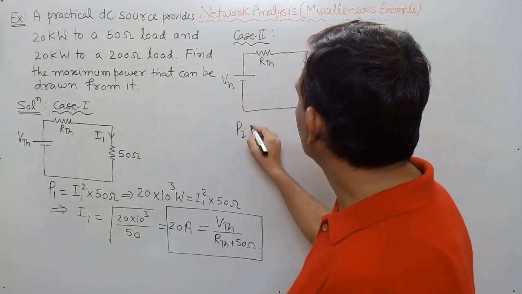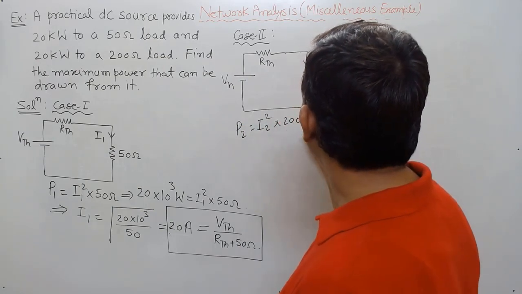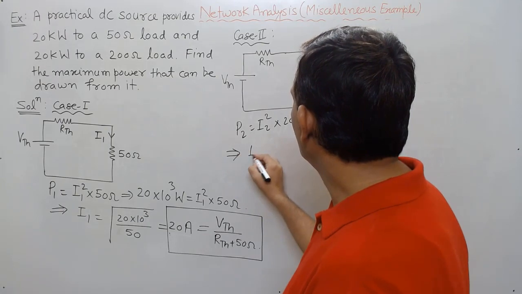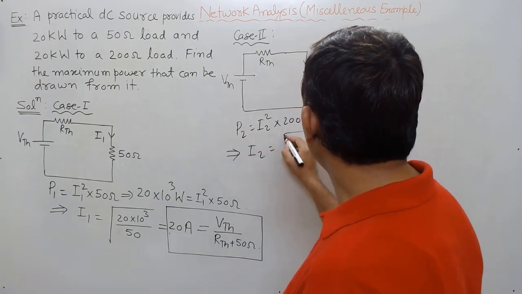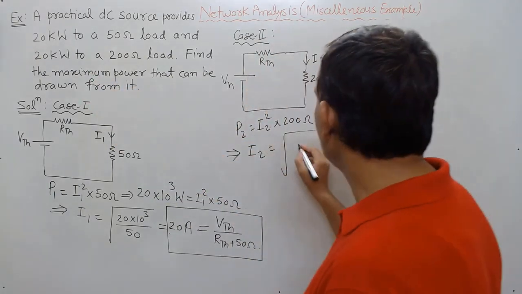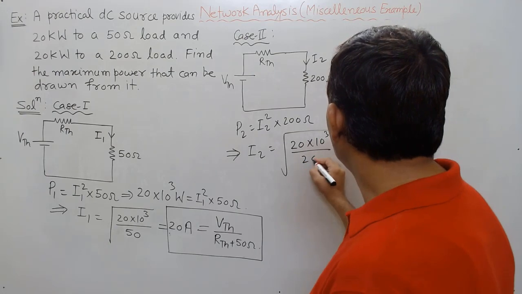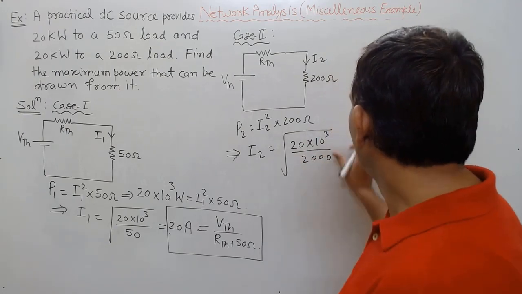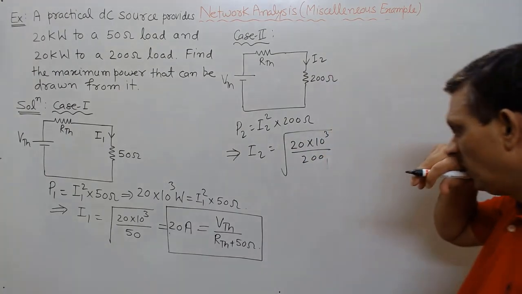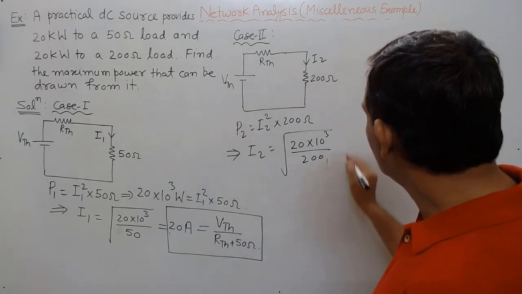So P2 is I2 square into 200 ohms. So this will give you I2 is under root P2 by 200. So P2 is again 20 kilowatt. So that is 20 into 10 to the power 3 divided by 200. So this will give you I2 will be 10 ampere.